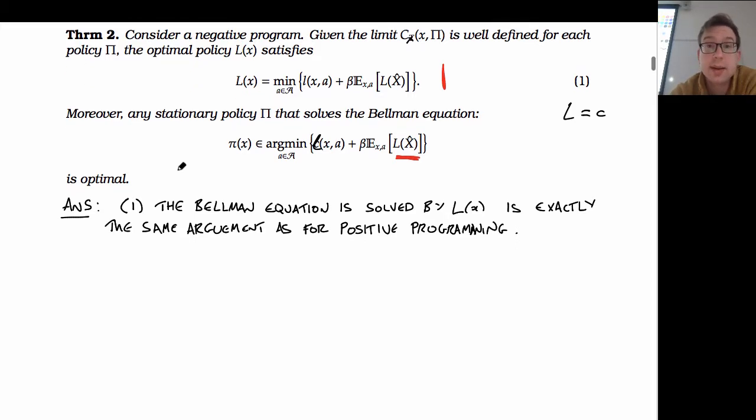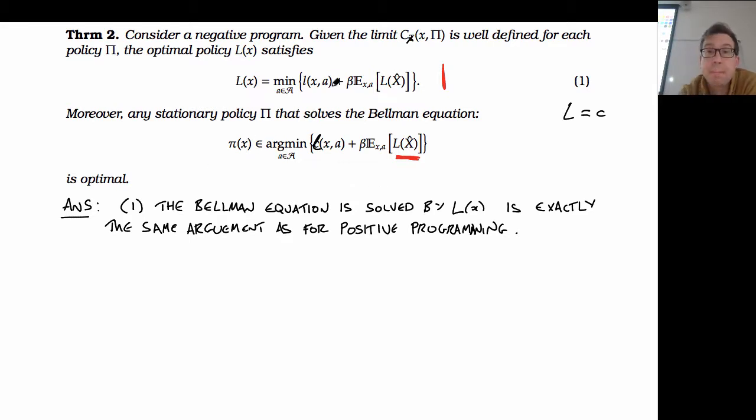All right. So what about this last bit? So the argument here goes like this, to show that if I found the optimal value function L, and if I find a stationary policy that satisfies this, then this is actually going to give me the optimal policy. Okay, so once I've got the value function, I can also get the policy out of it.